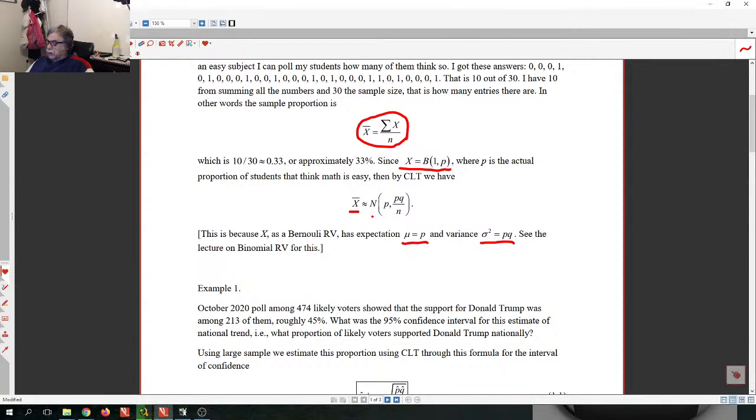So this is now important because now we have the normal random variable in the game.